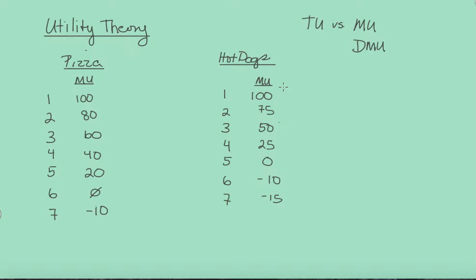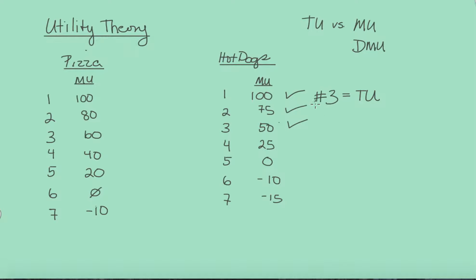So for example, let's say this is Steve's hot dog consumption. If he has 3 hot dogs, he would get 100 units of satisfaction from the first, 75 units from the second, and then 50 units from the third. We can look at this as his total satisfaction, where we take all 3 combined, and that would equal his total utility.